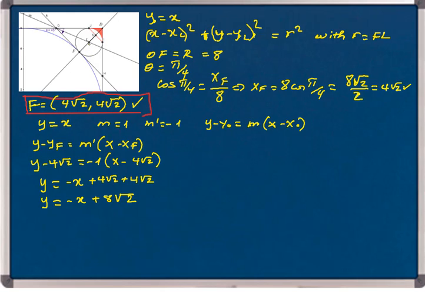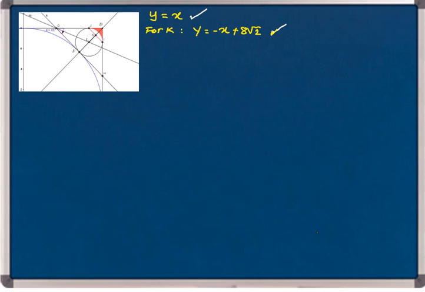So we are going to find these two points first before we proceed. Please note that we can also express the line K in the following manner: x plus y equals 8 square root of 2. This is another valid notation for this line.